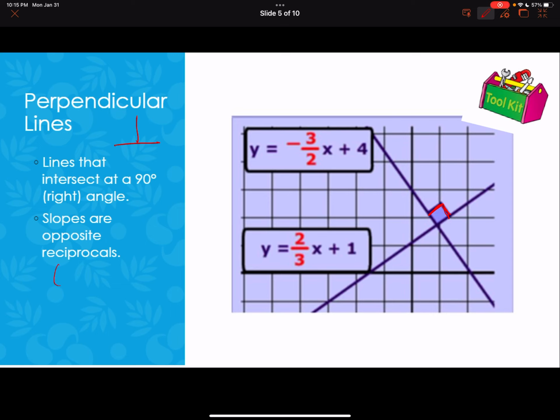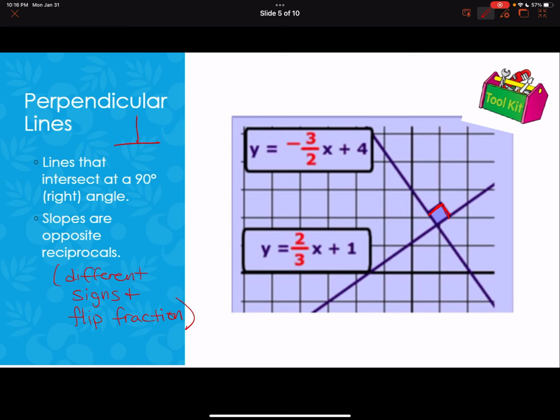And remember, that means that they're going to have different signs and the fractions are going to be flipped. So flip the fractions.